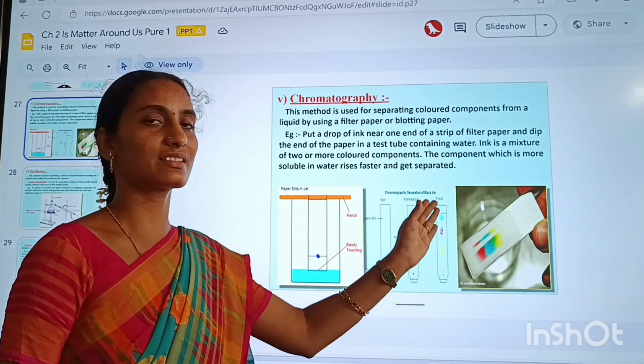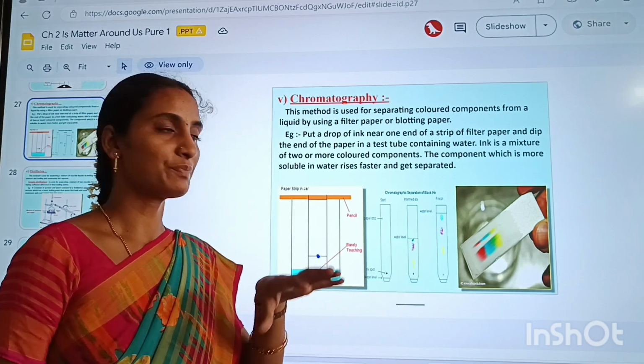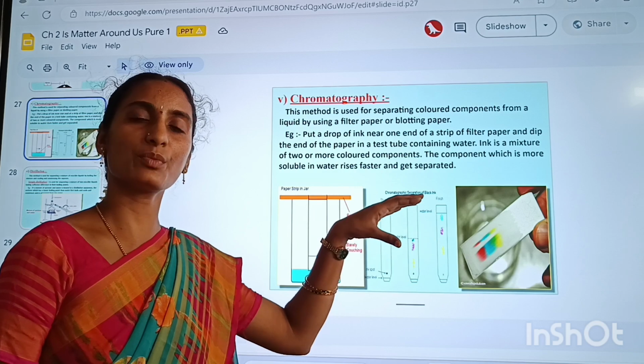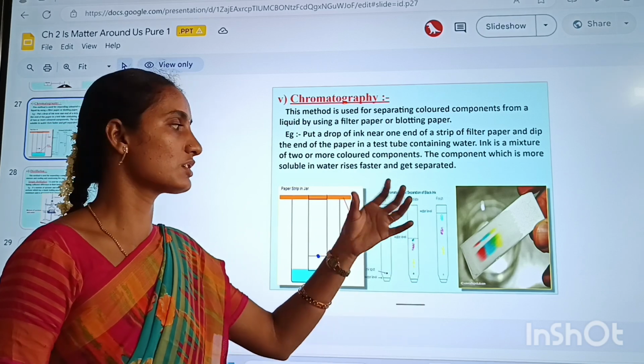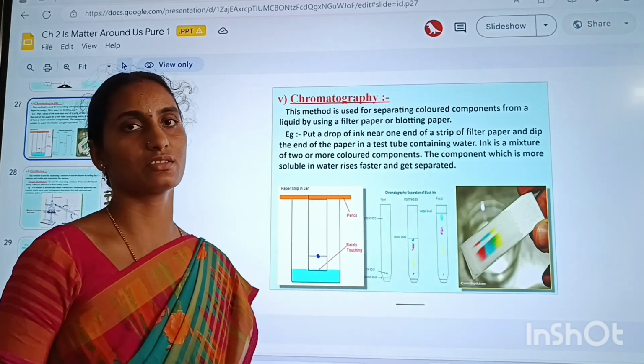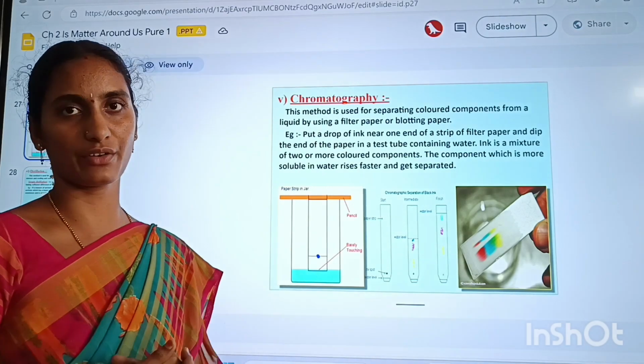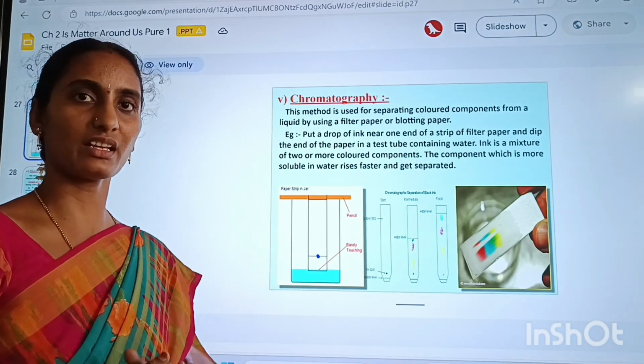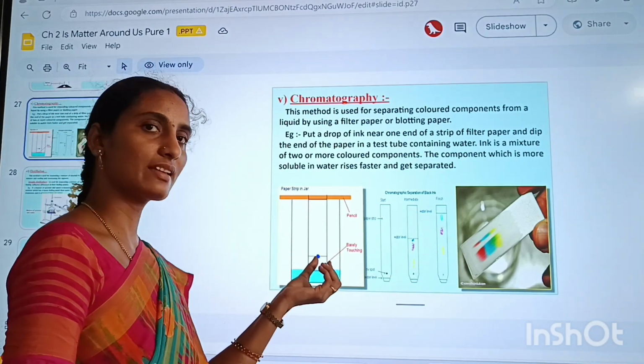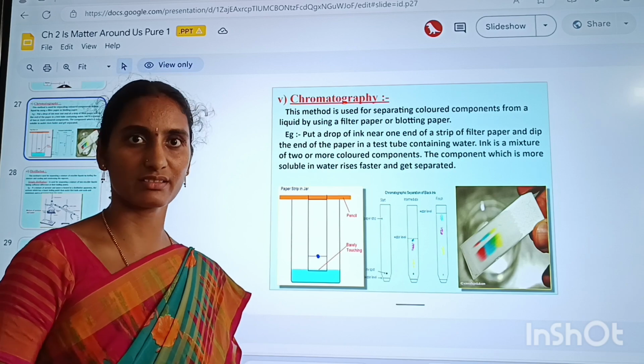These colors also indicate the components present, and they have traveled individual distances. So this is the chromatography technique. According to this technique we can find out how far the ink has traveled.